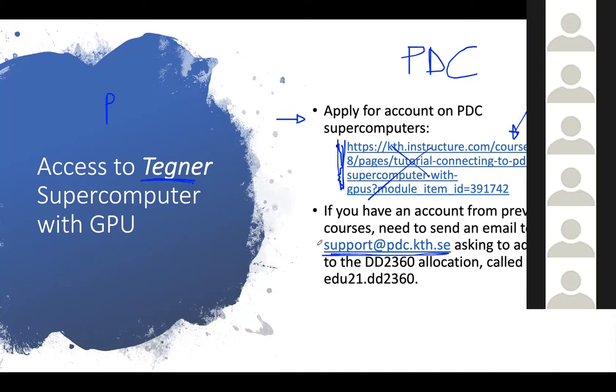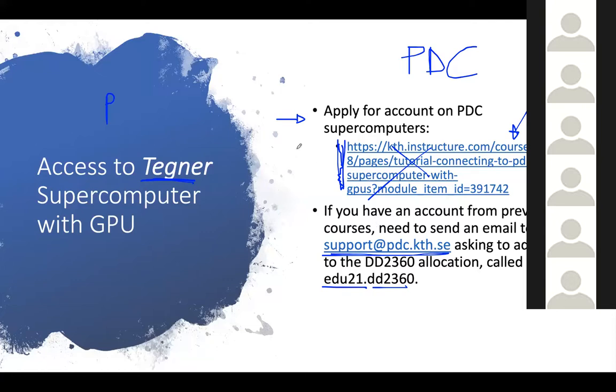So you send an email to support@pdc.kth.se, asking to be added. So give your username and say, I would like to be added to the allocation called EDU21 DD2360 because I'm taking the course now in P2. So what they will do, they will associate your account to an allocation. Allocation is basically an amount of computing hours that the PDC offered us to have.